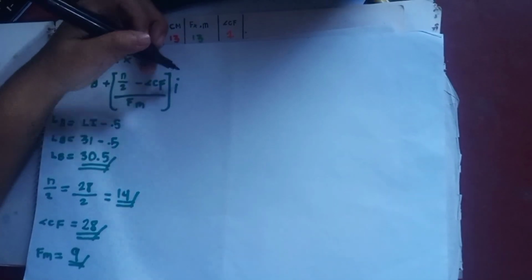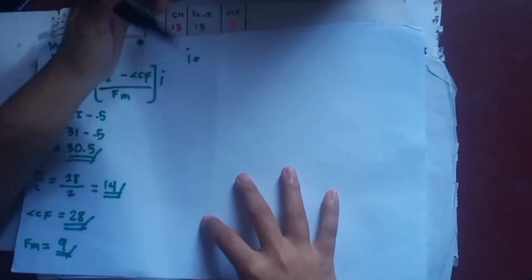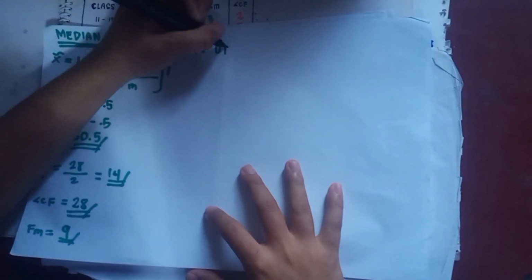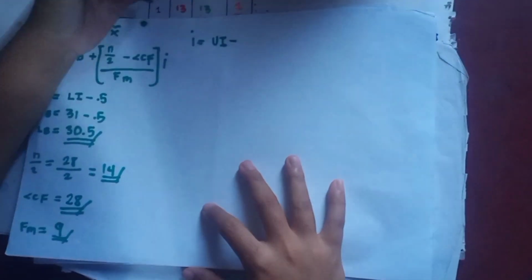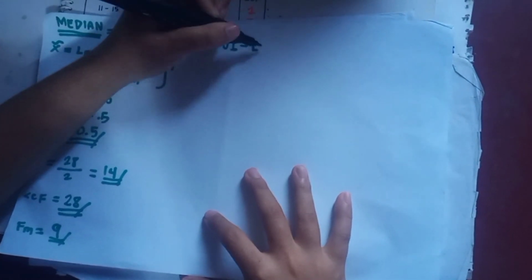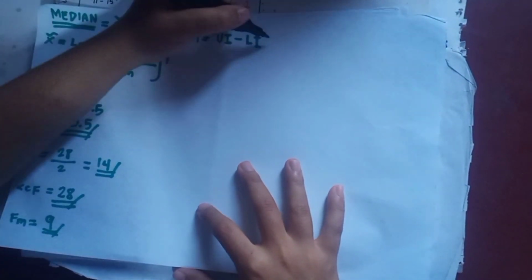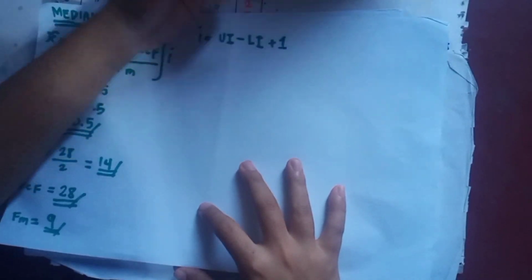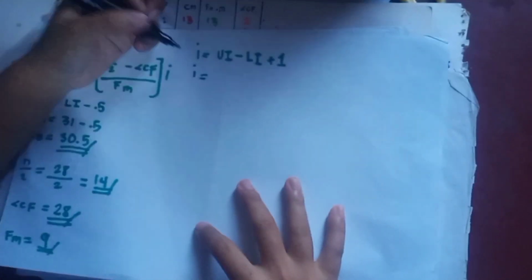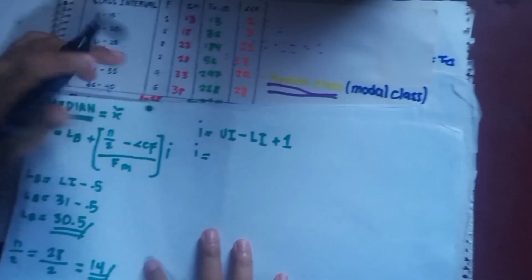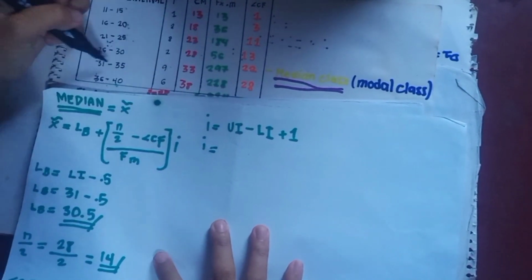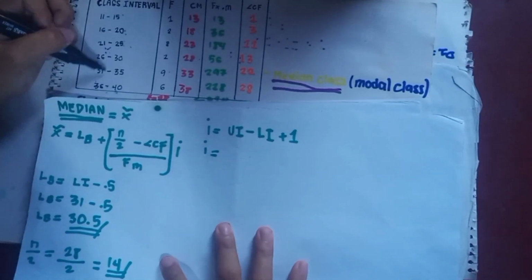The next one is i, or the interval. The formula to get i will be upper interval minus lower interval plus 1. So in our table, the upper interval will be 35.